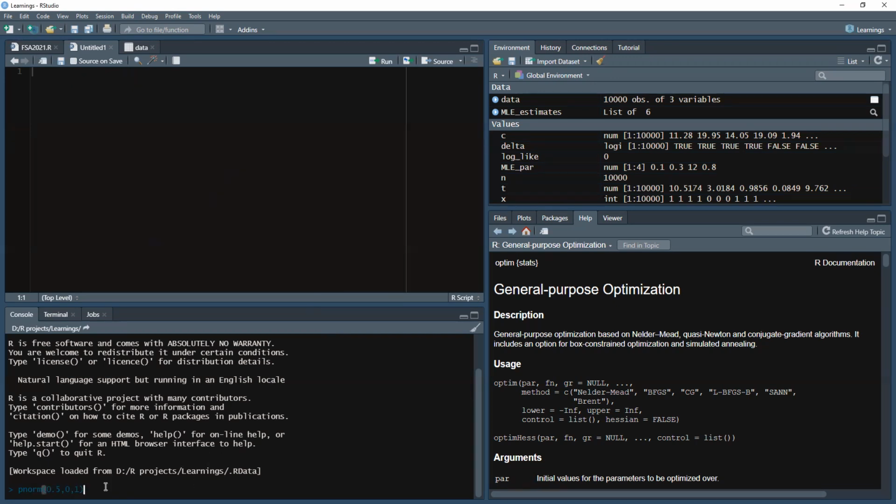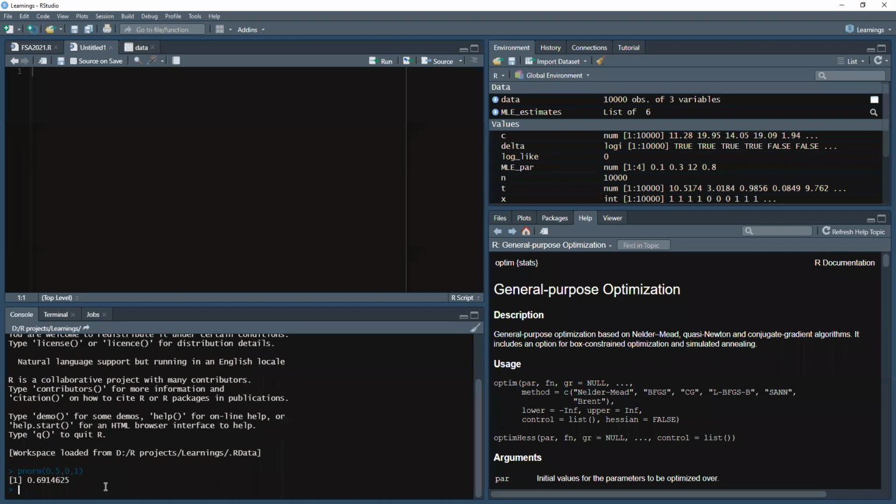So we'll leave the default values, and the answer is 0.69, the same as we have seen before.